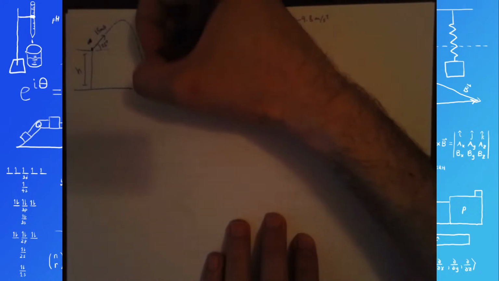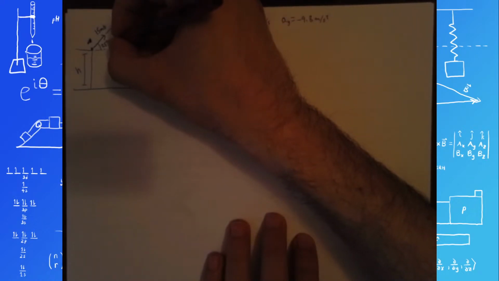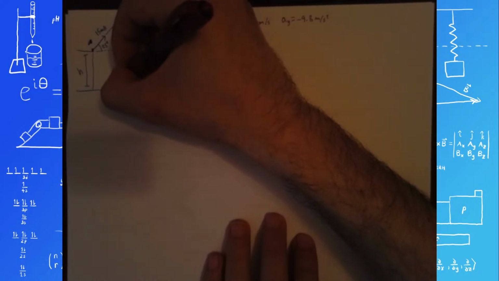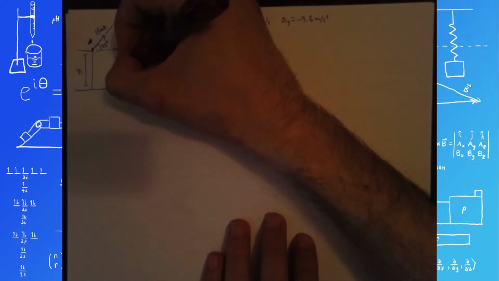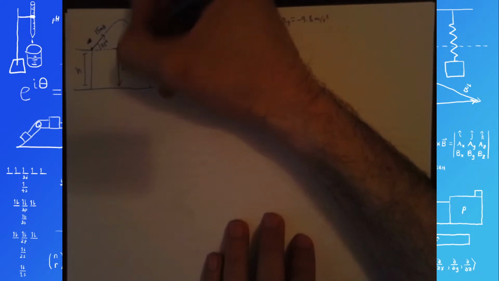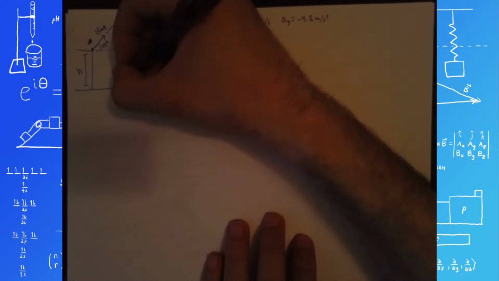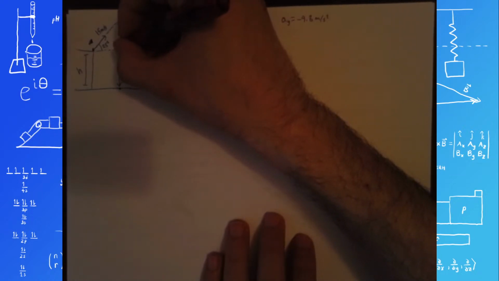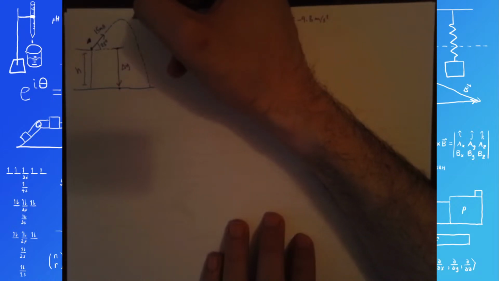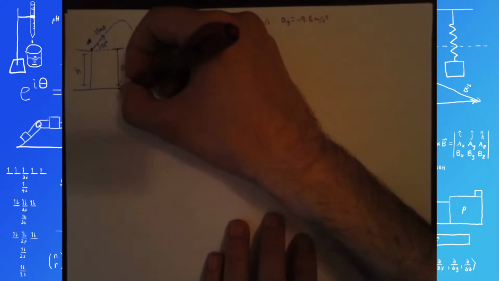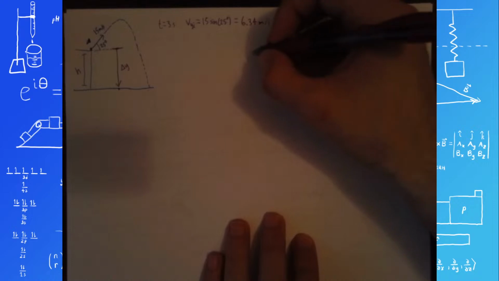If I start here and I end here, then overall my y has changed by this much. Delta y is my height at the bottom, which I'll call 0, minus my height at the top, which I will call h, my height final, minus my height initial.